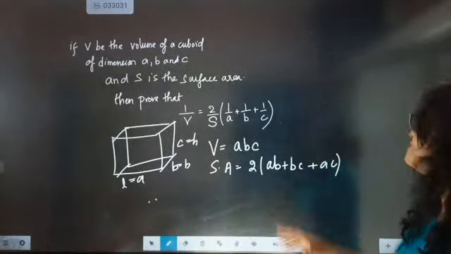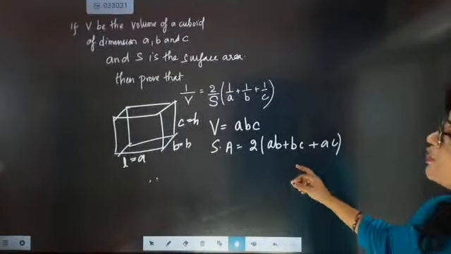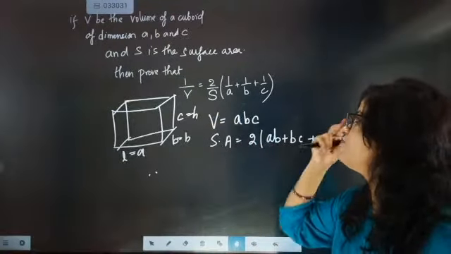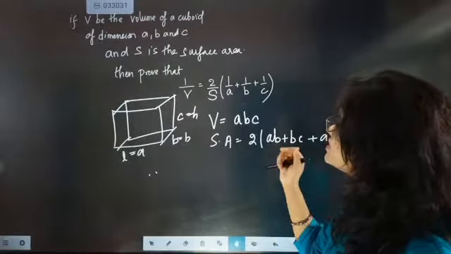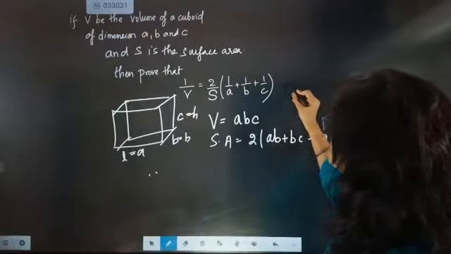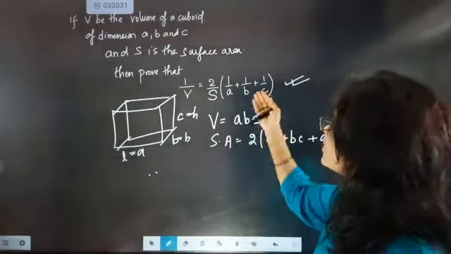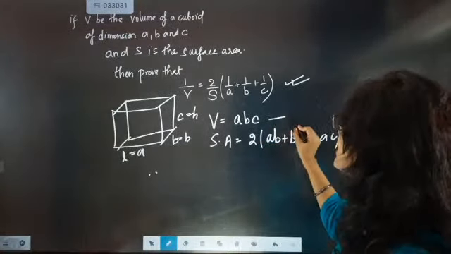Fine, so here you got this. Now in the proof part they are telling 1 by volume. So first, we will take this side, the RHS. LHS I am going to leave, and I am just going to write for RHS. Fine, so now let's see this. These are the two findings.